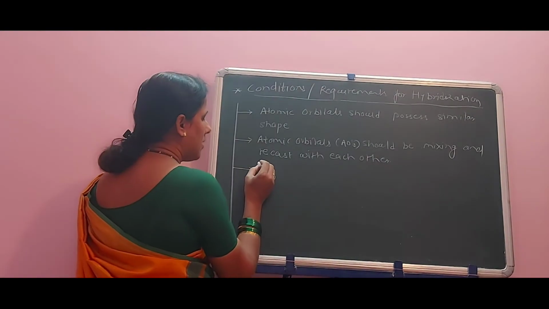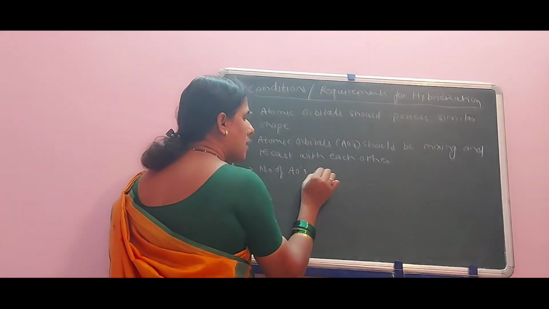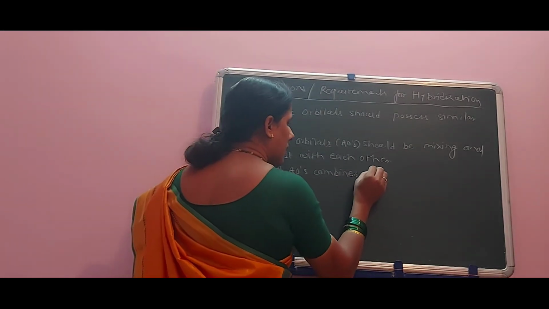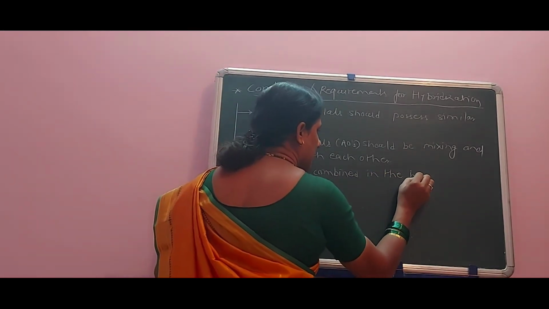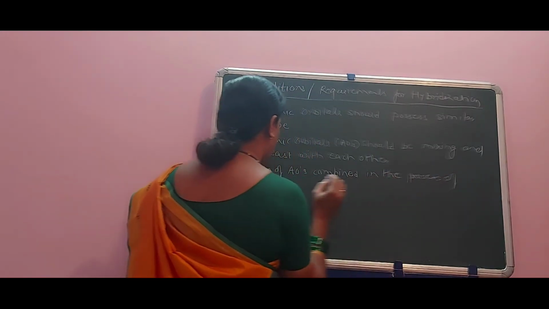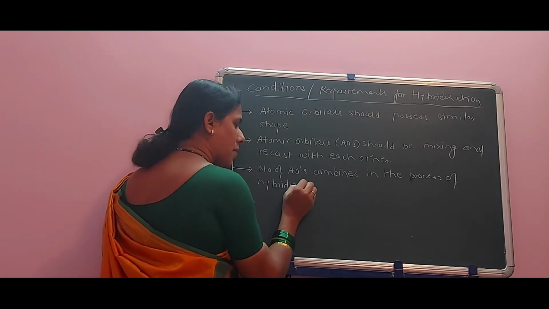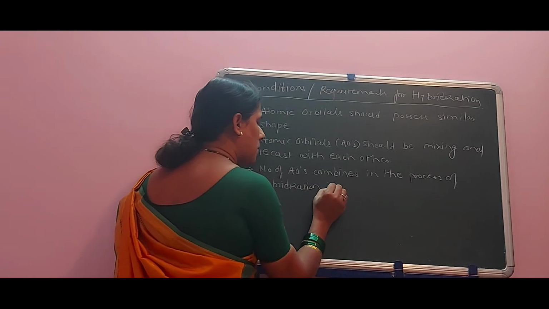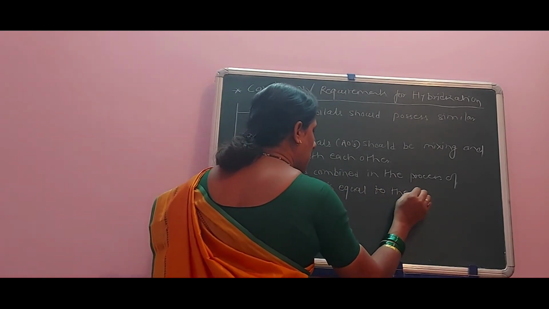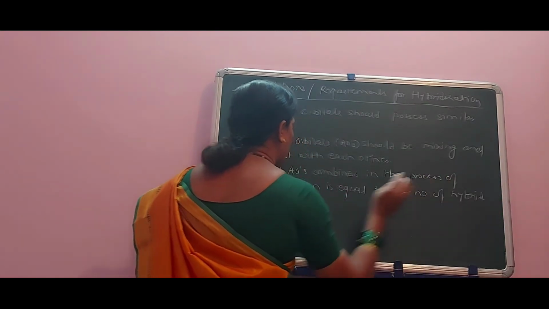Third, the number of atomic orbitals combined in the process of hybridization is equal to the number of hybrid orbitals newly formed.